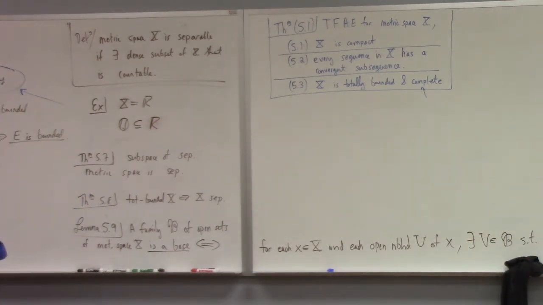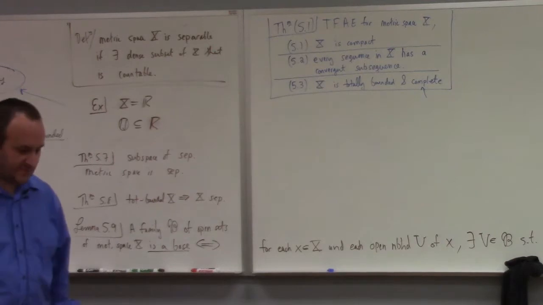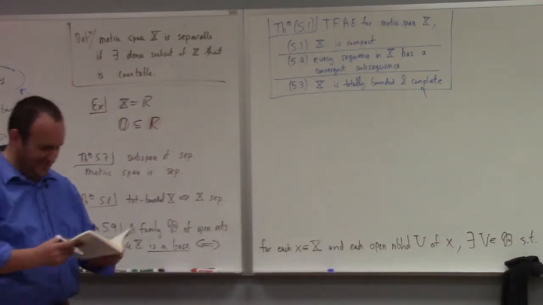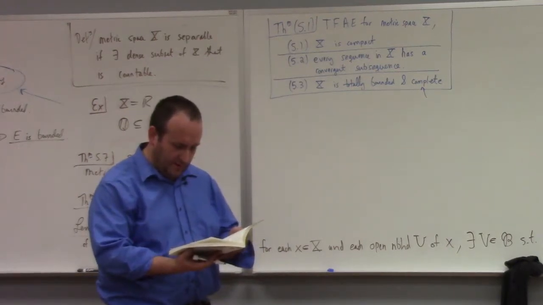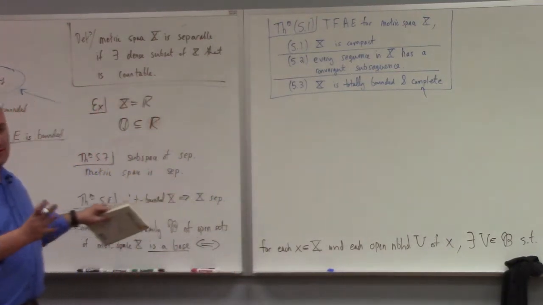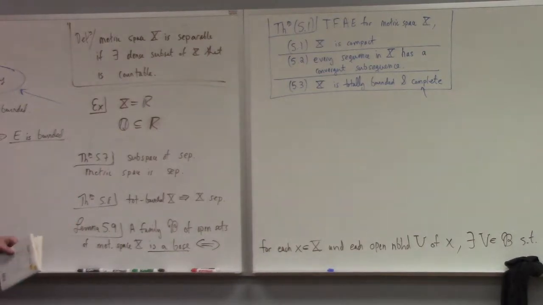A neighborhood is a set which contains the point and has a subset which is itself an open set around the point. Yes. All right, let us go on. Anyway, this foreshadows, in abstract topological spaces, the notion of a base for the topology. And this is basically the definition of it. We'll come back to it, okay?